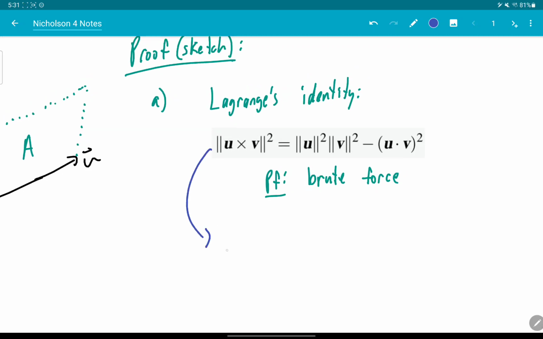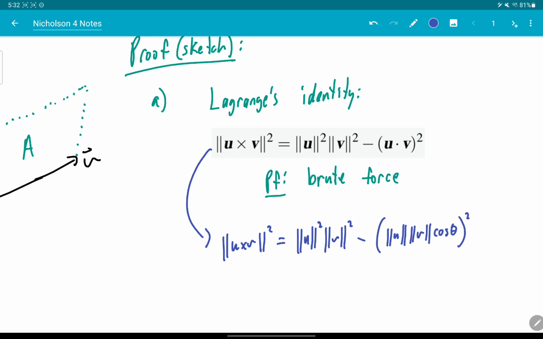So from here we get the length of u cross v squared is the length of u squared times the length of v squared minus the length of u times the length of v cosine of the angle between them, squared.